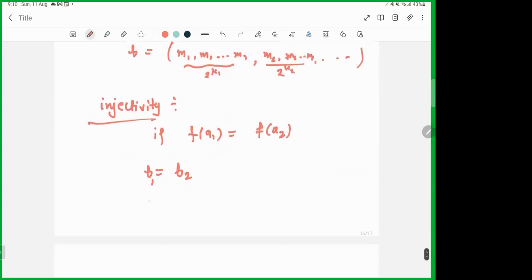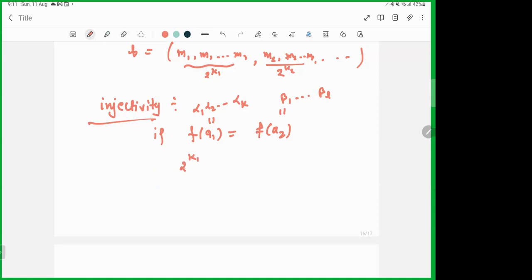That means a1 is of the form alpha 1, alpha 2, alpha k, beta 1, beta 2, beta l. So if f of a1 equals f of a2, that means their prime decomposition matches. So that means 2 to the power k1.